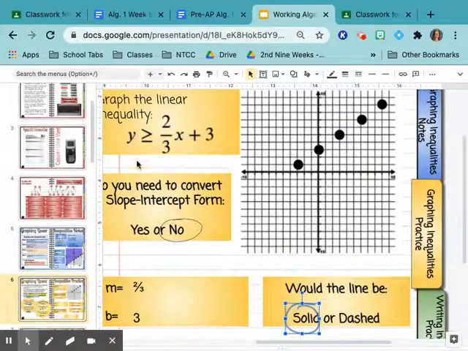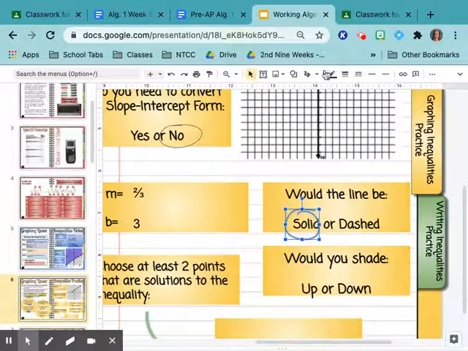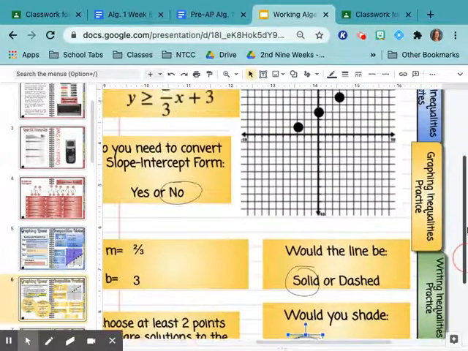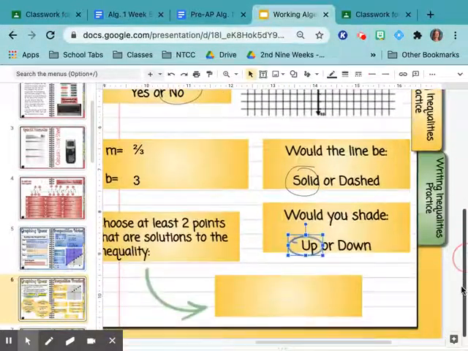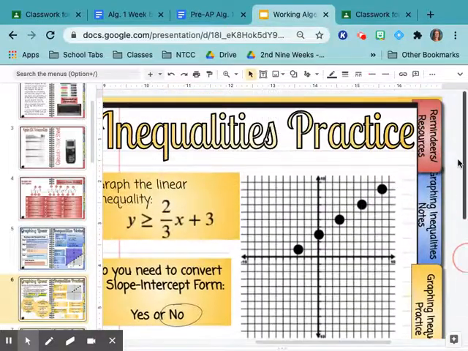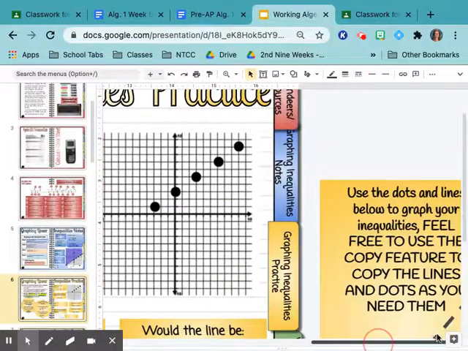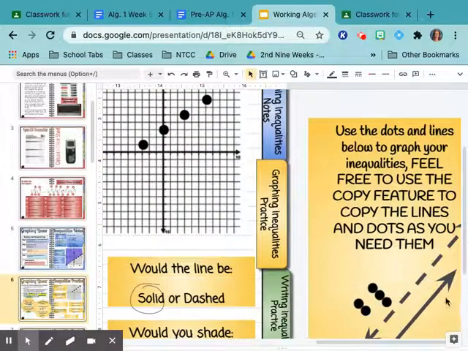And then how are we going to shade if it is that greater than? It's supposed to be greater than, right? So how's it going to be shaded, up or down? Up. Okay, so let's grab a solid line from over here.